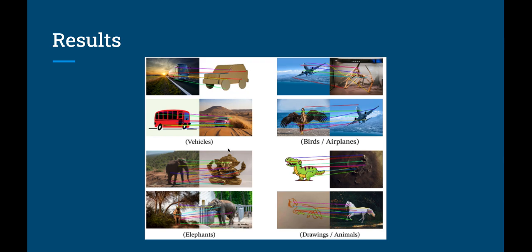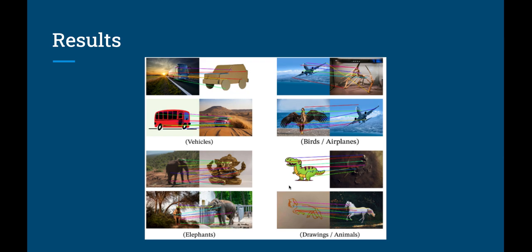The next cool thing we can see is emergent patch matching, or image matching across images, and you can see that it understands that the wheel of a car could be matched to the wheel of another car, and the most important cool part is it generalizes really well to different visual styles.